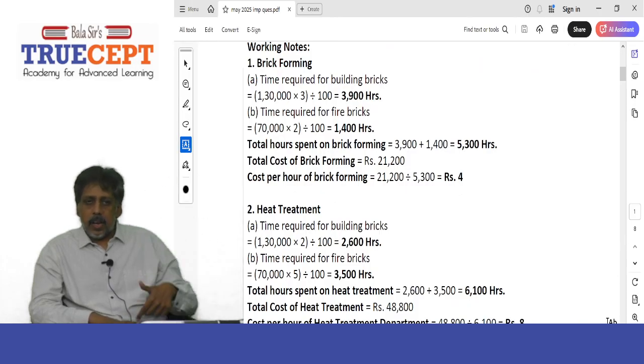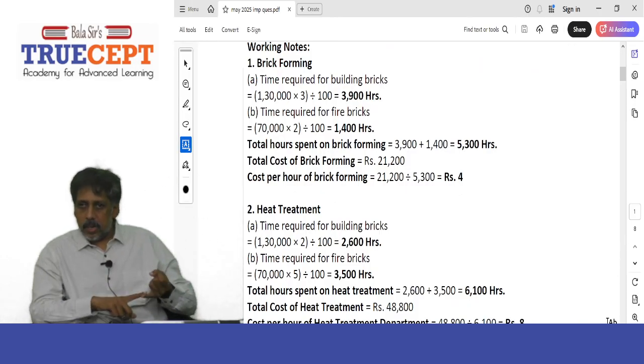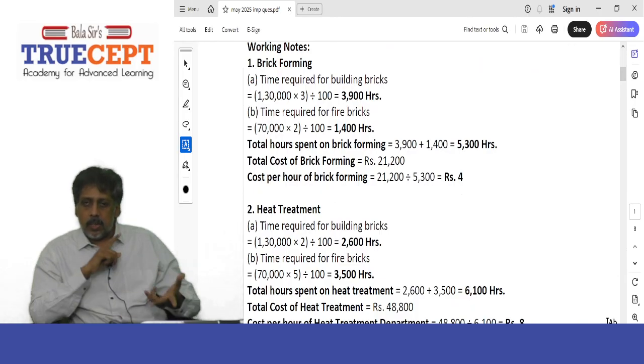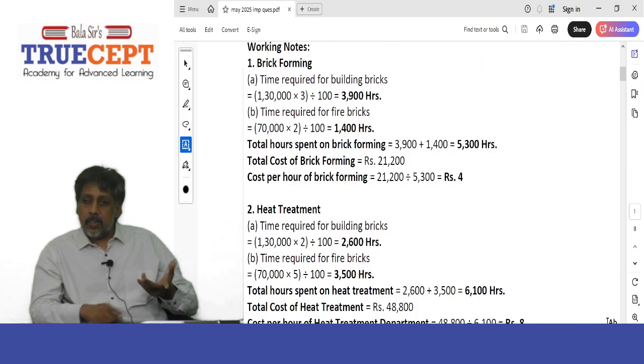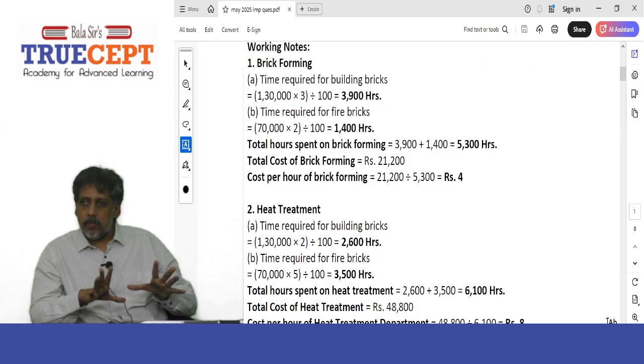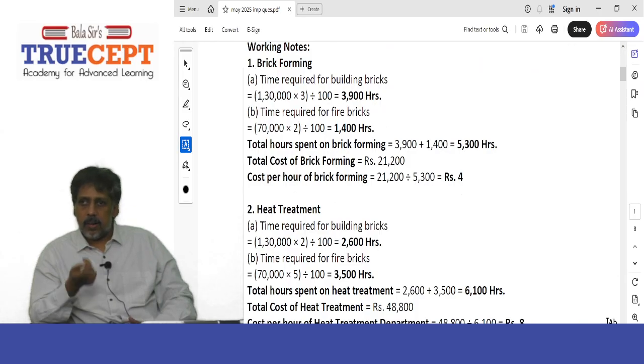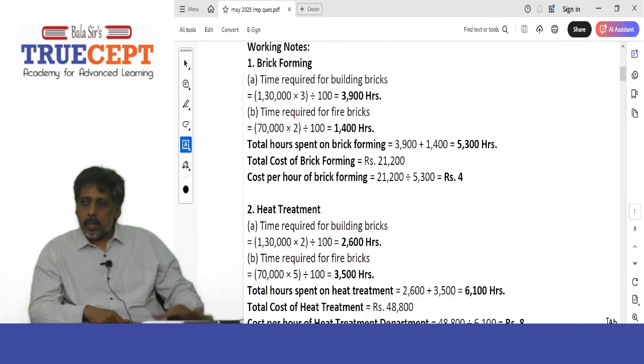Let us take up process 1, that is brick forming. So we are going to produce 1,30,000 units of building bricks. That needs 3 hours to manufacture for every 100 bricks. So what you should do: 1,30,000 numbers into 3 by 100 will give you 3,900 hours used on building bricks.